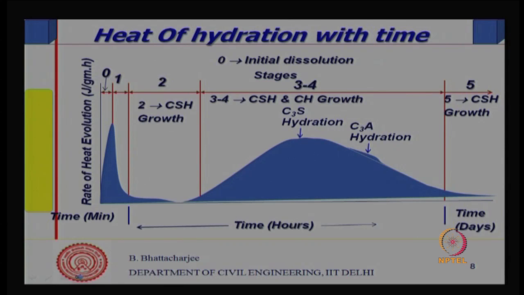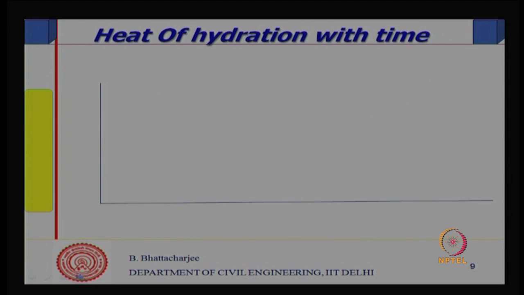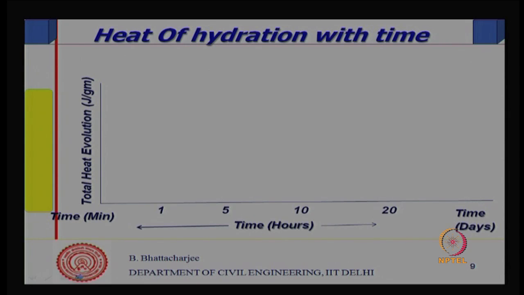You can see the rate of heat evolution, that is heat evolution per unit time, that is what we are looking at, in joules per gram per hour. Now, total heat evolution, if we look at it, again with the same time.